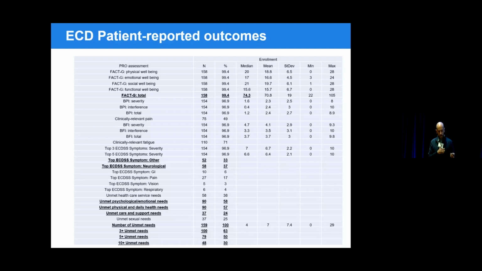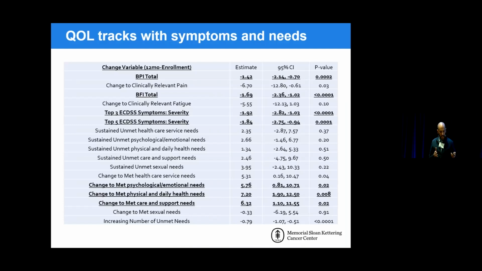But when we looked in my registry at people over time, and for the scientists, if you look on the right, that's a p-value. If that number is very, very small, that indicates a significant association. What we see in our patients over time is that if someone's pain goes down, or their fatigue goes down, then their quality of life goes up.